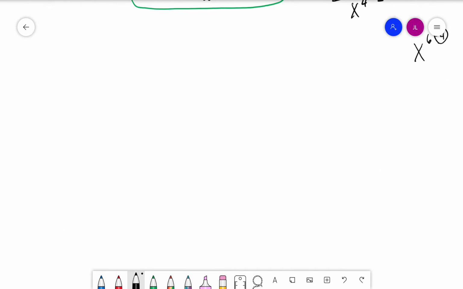We know x to the 5th over x to the 4th is the same as x to the 5 minus 4, which is x to the 1st. But what if we have x to the 5th over x to the 5th, or x squared over x squared? Then we're really looking at x squared minus 2, which is x to the 0 power.